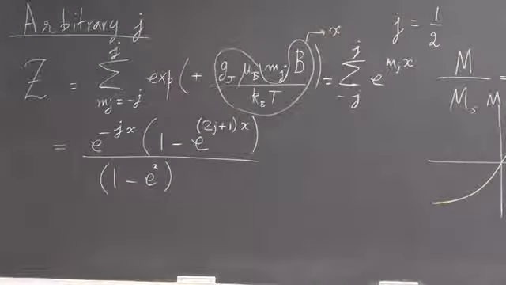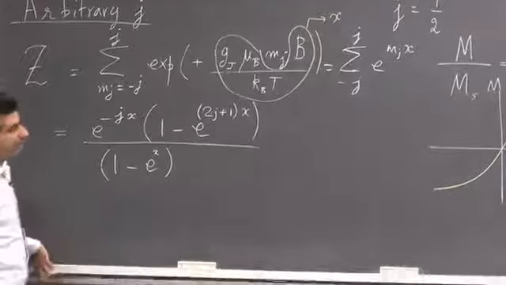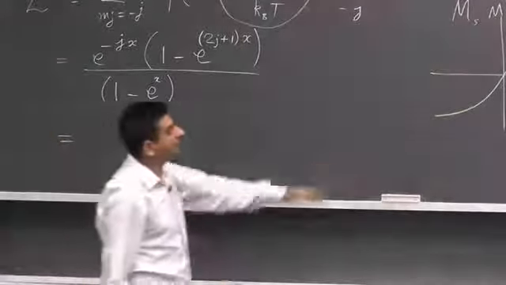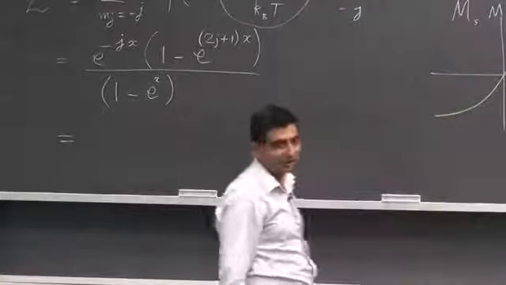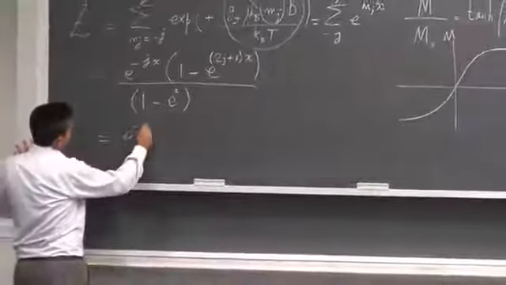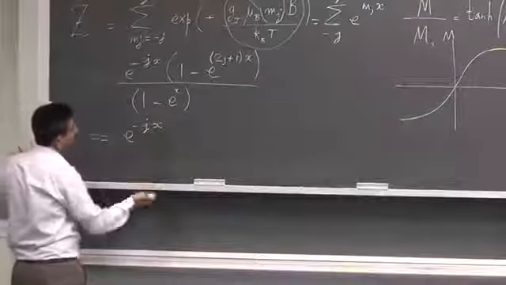This is simply the partition function. Now we can simplify this a little bit. We are fond of hyperbolic trigonometric functions because we have a hyperbolic trigonometric function here. So we can simplify this slightly in the following fashion. This e to the minus Jx remains what it already is.